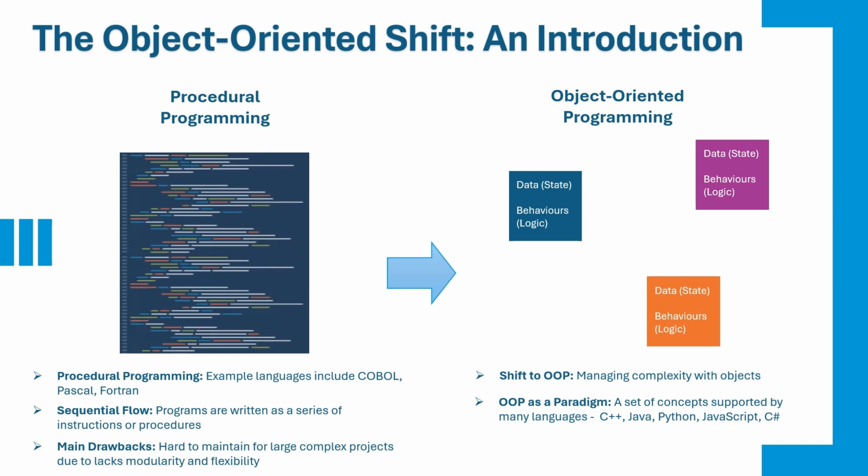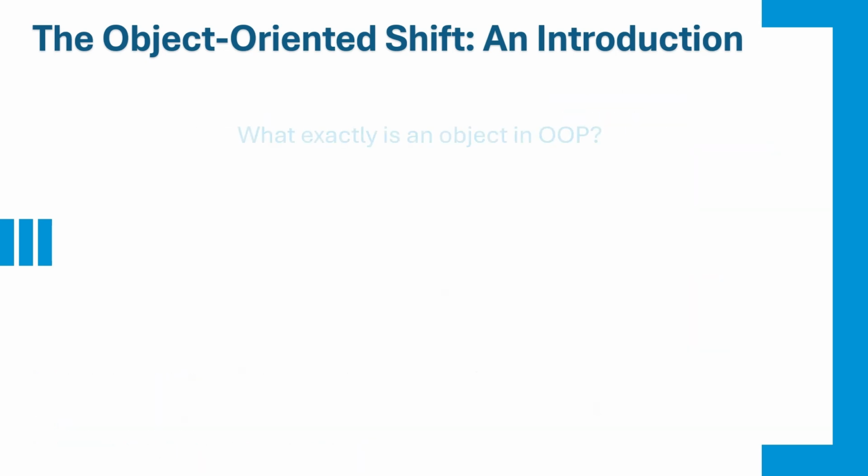For practical, real-world applications like web, mobile, desktop, or game development, object-oriented programming is the standard for building maintainable software with languages like C++, Java, Python, JavaScript, C#, and Ruby. But why is this concept so central? And what exactly is an object in object-oriented programming?